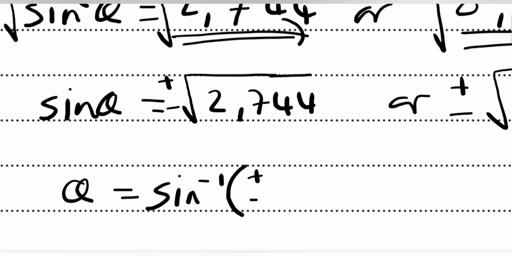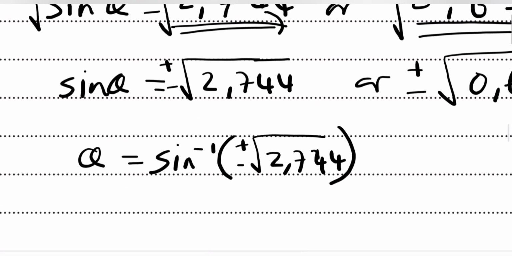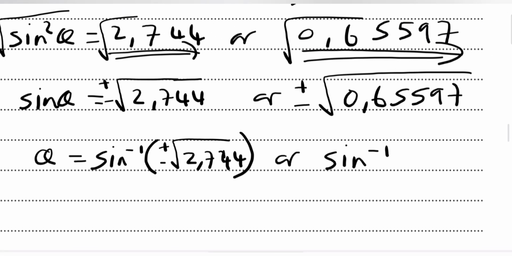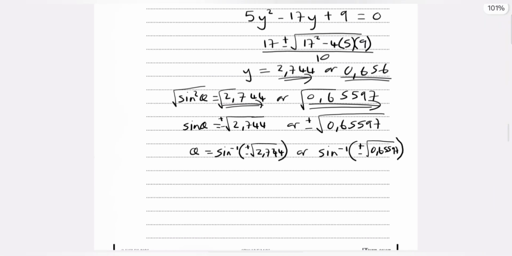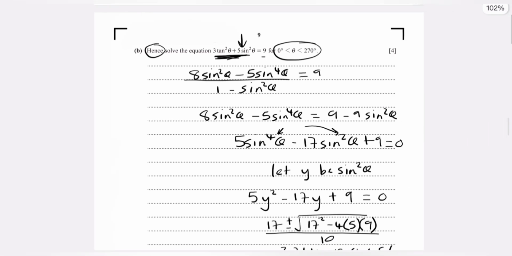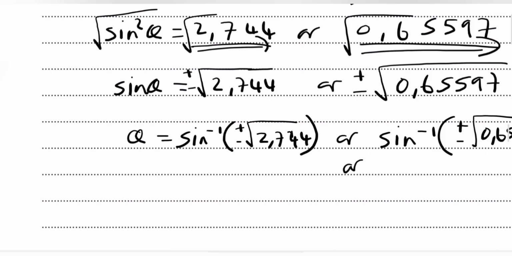The first answer will be sine inverse of positive this, and the second one will be sine inverse of the negative that. And for this one as well, like this, right? And we're given a range there, right?